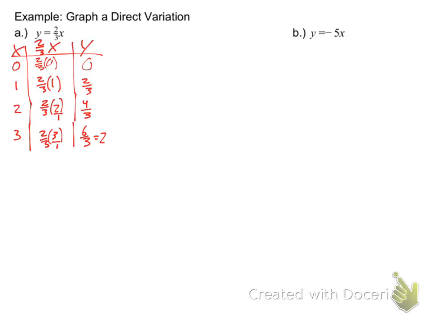Hey, do we have enough numbers now to probably graph that? We do. I'm going to go right in the way here of this guy. 1, 2, 3, 1, 2, 3. (0, 0) is one of them. Another one was 1 and 2/3.